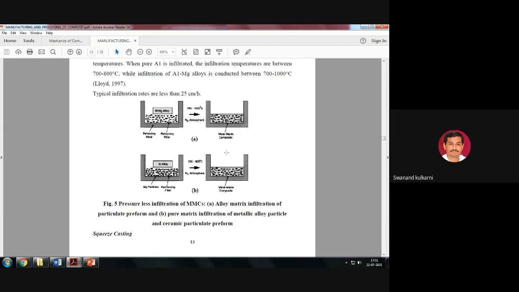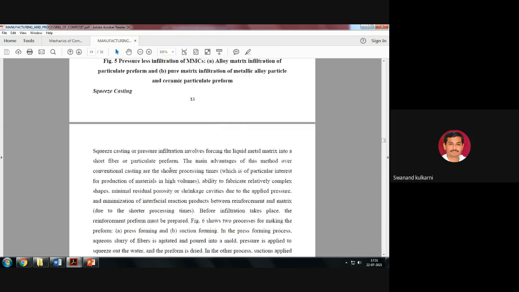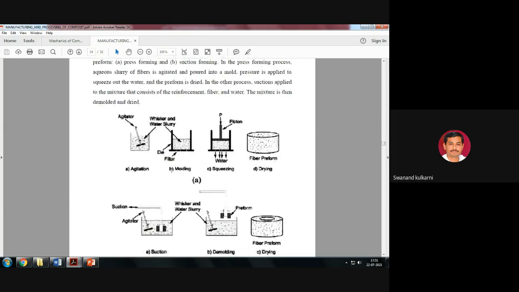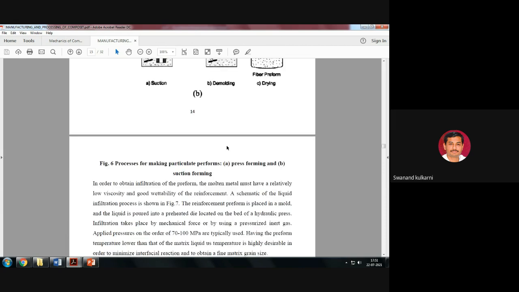So metal matrix composite is manufactured here by adding this reinforcement inside the metal. Is it okay? So here you can see the agitator, whiskers and water slurry are present here, the piston is present here, and this fiber preform is manufactured with the help of this simple method. Is it okay? So here you can see the agitation process, demolding process and drying process in order to manufacture.